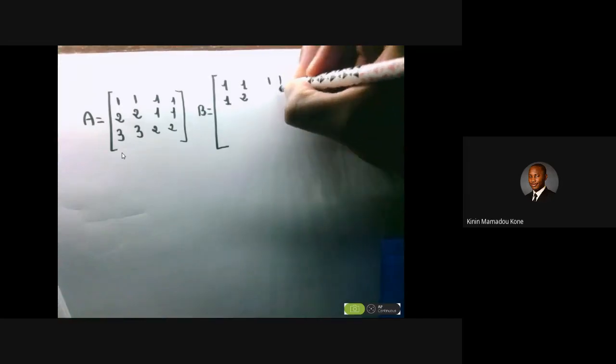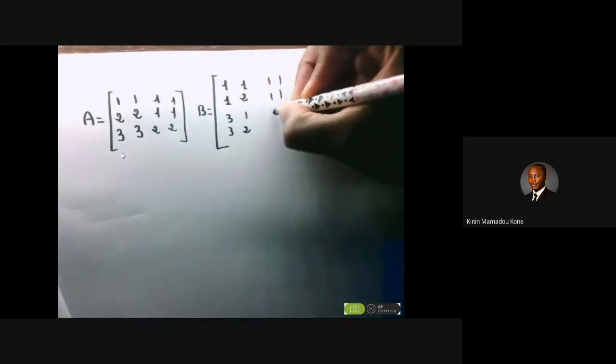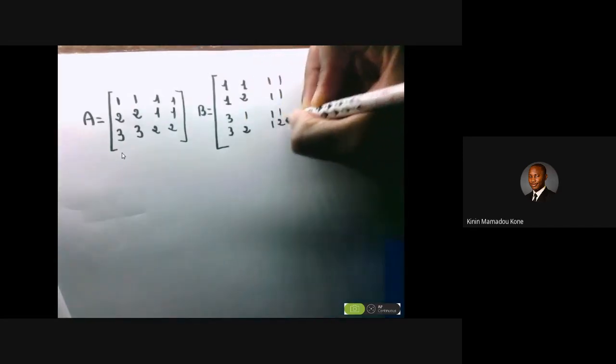And you have another matrix called B with the following entries: 1, 1, 1, 2, and 1, 1, 1, 1, 3, 1, 3, 2, 1, 1, 1, 2. Partition this way.